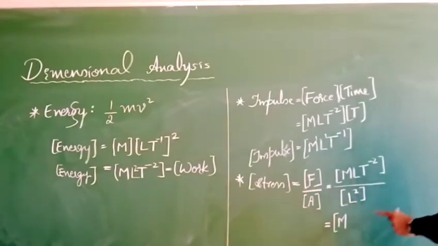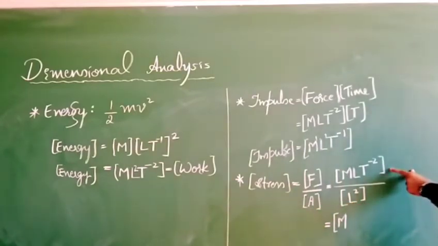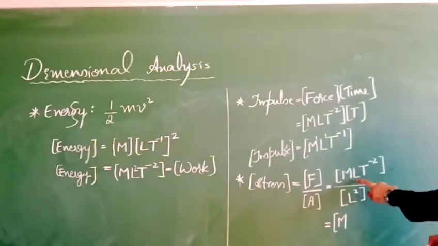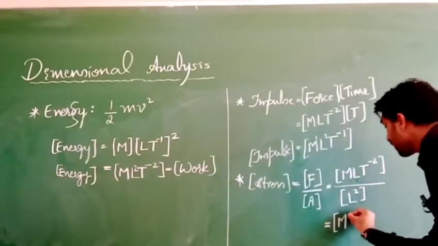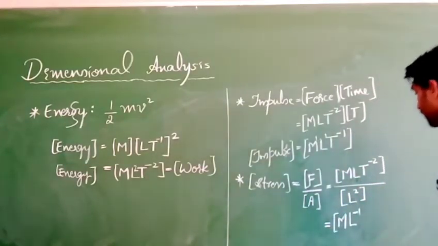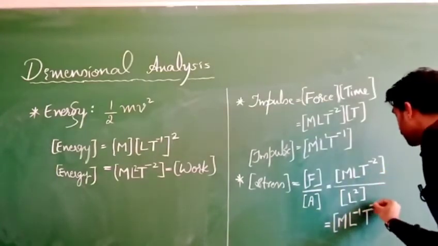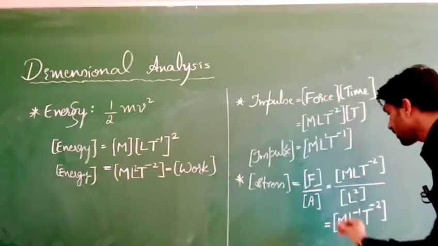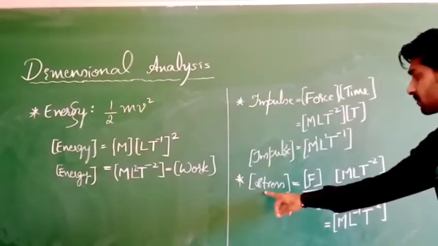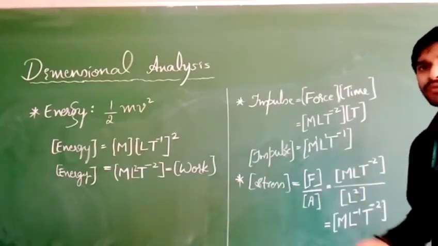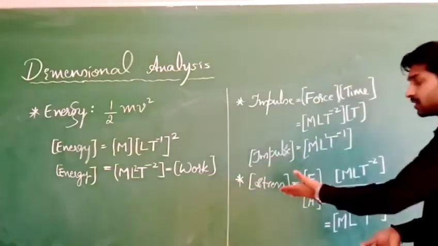L power 2 coming to the numerator becomes L power minus 2, L power minus 2 plus 1 becomes L power minus 1. Remaining is T to the power of minus 2.